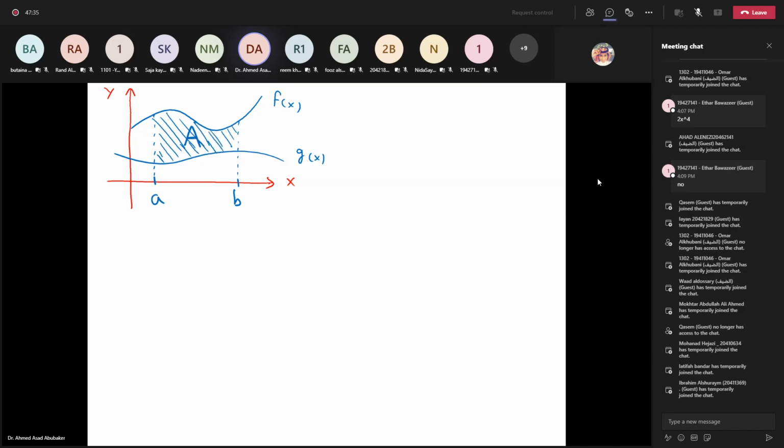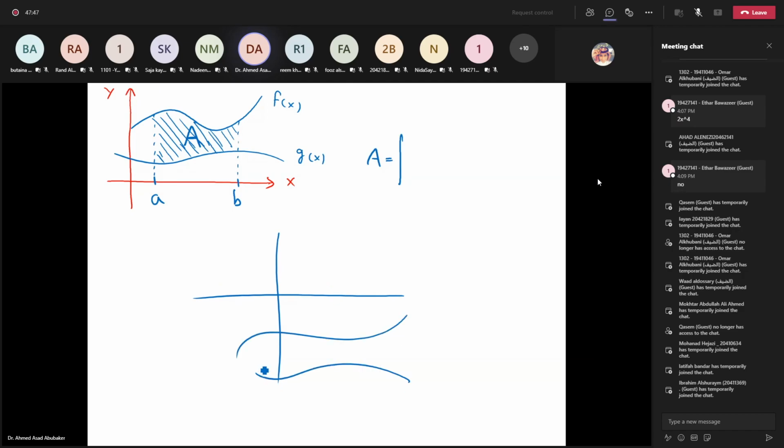Okay, how can we find the area? Area equals absolute value, because what? Because we may have f of x and g of x under the x-axis like this. If under the x-axis, the area without absolute value may be negative.